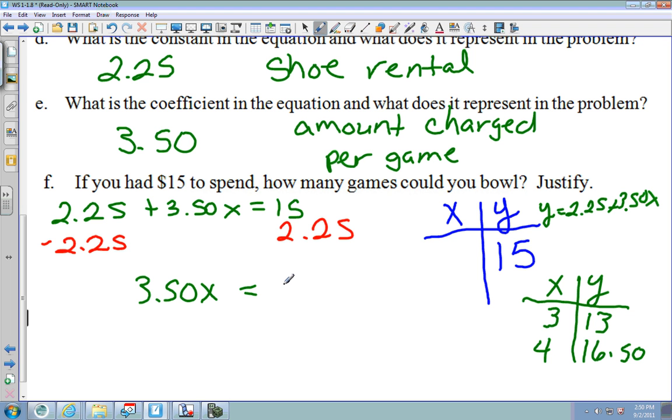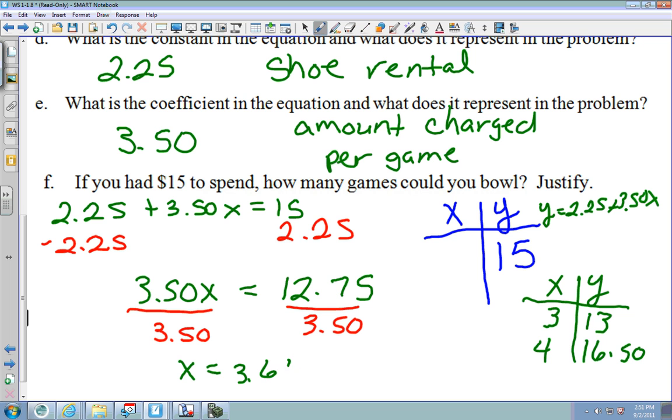Oh, it should be what, 12.75? Yep, 12.75. I divide by 3.50. Oh, man. Okay, well, when you do that, you get x equals 3.64.